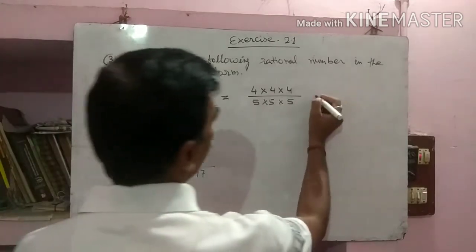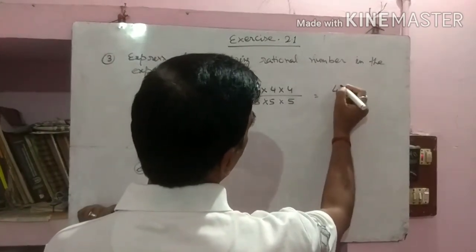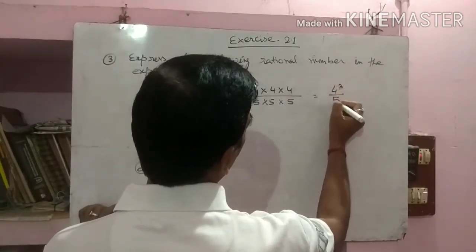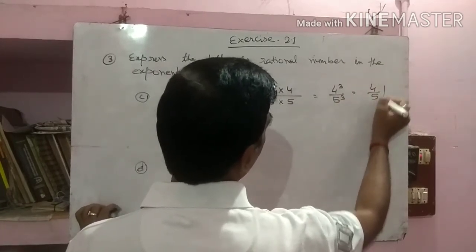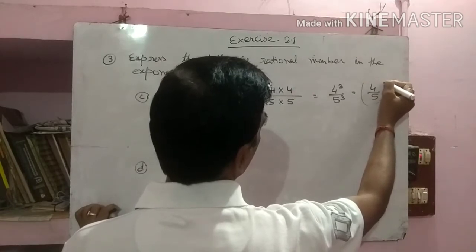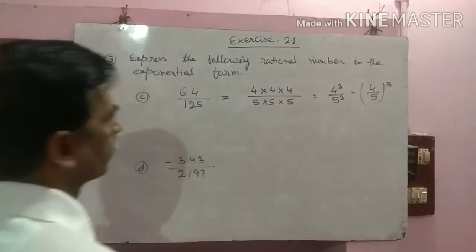So it will be 4 to the power 3 by 5 to the power 3, or you can write (4/5) whole to the power 3. Okay.